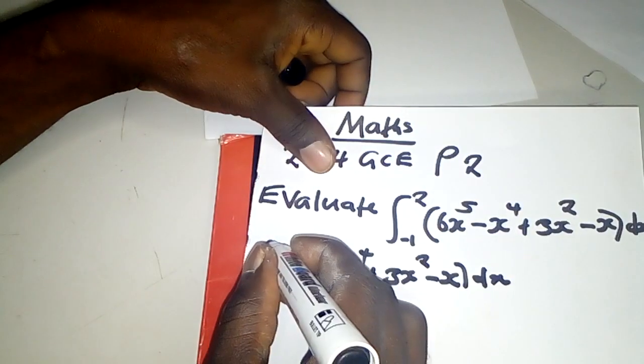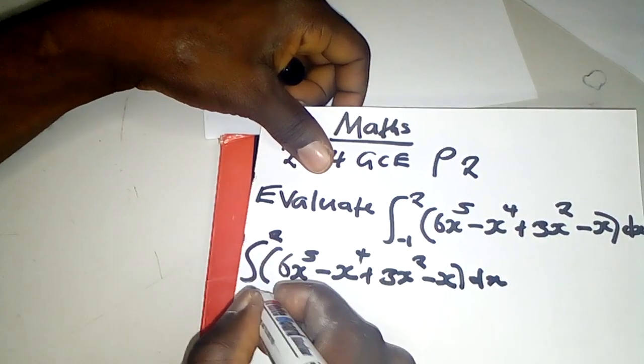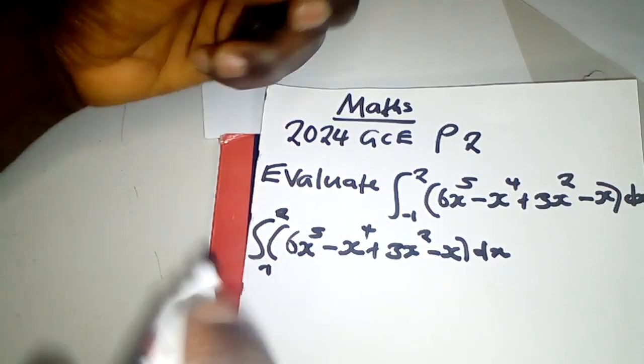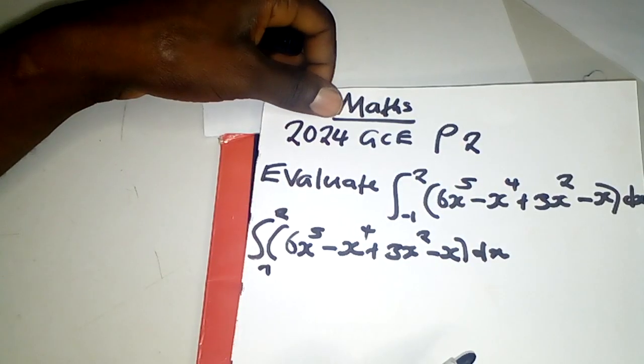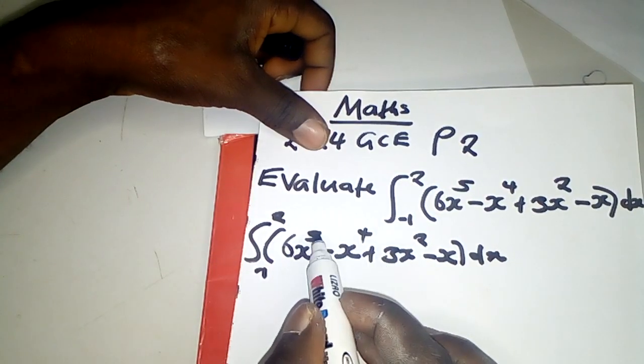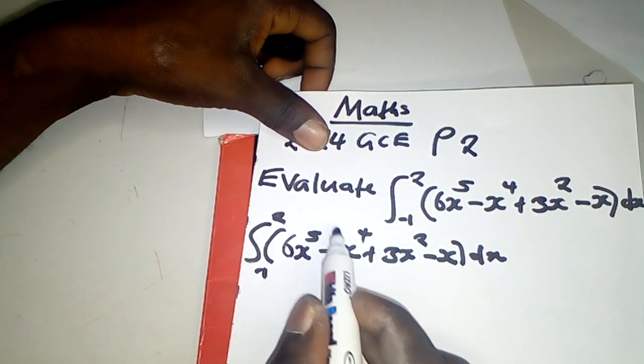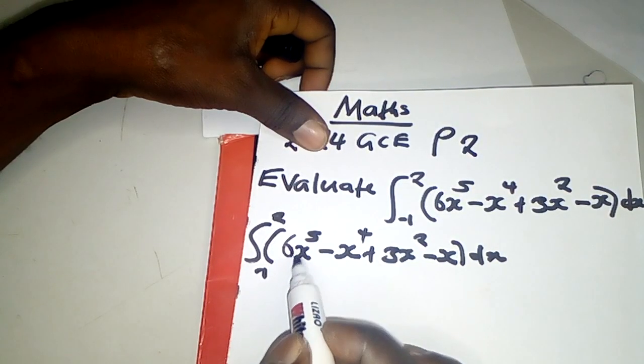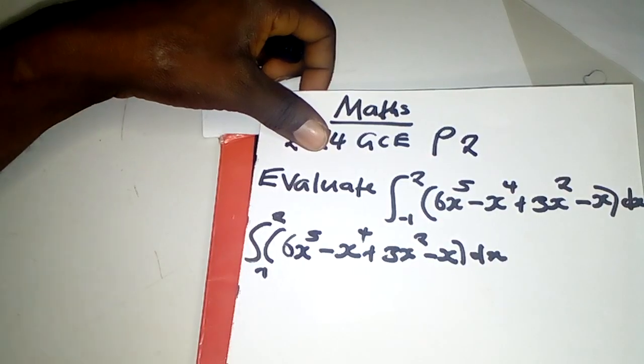So the limits are here, 2 and -1. This is the question. Now, when integrating here, remember that we need to increase the power by 1 and divide by that power the term which is there. What do you mean? Let's begin.